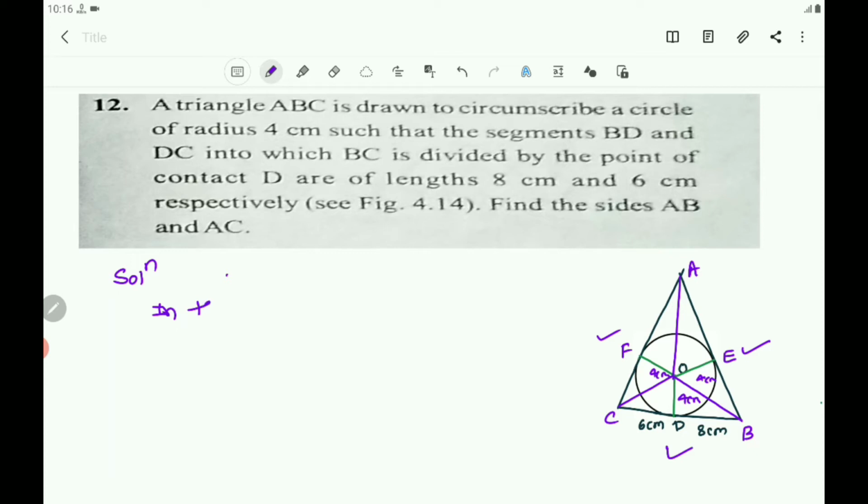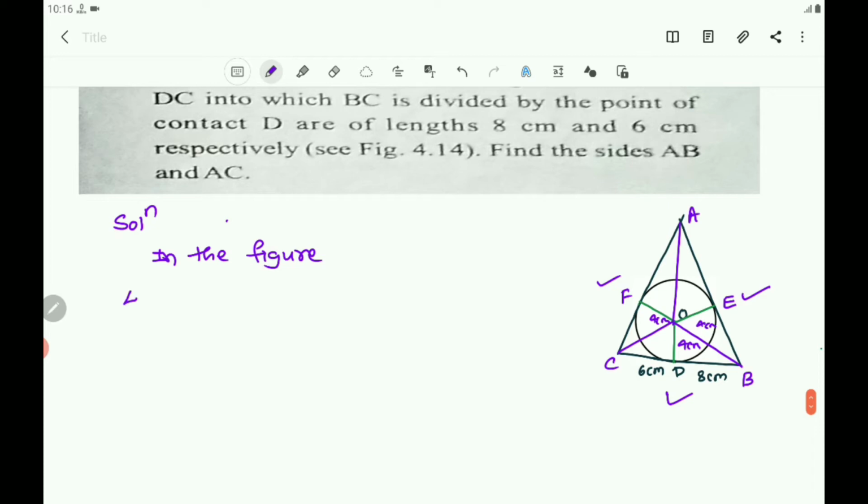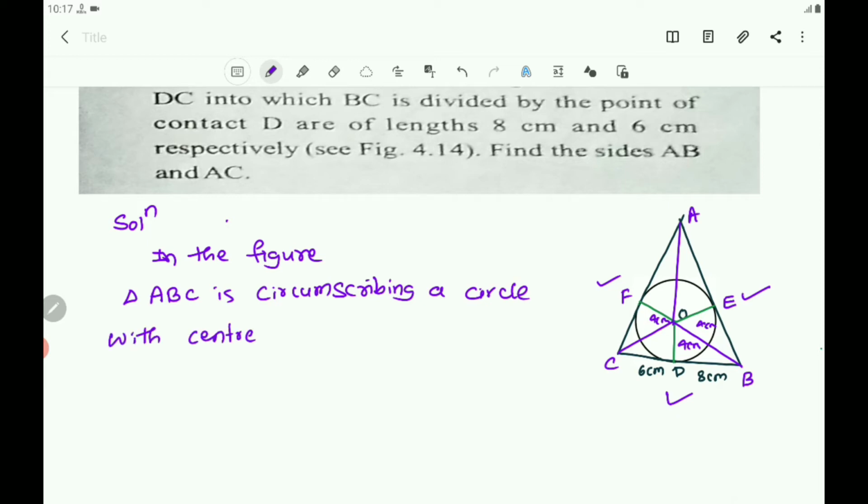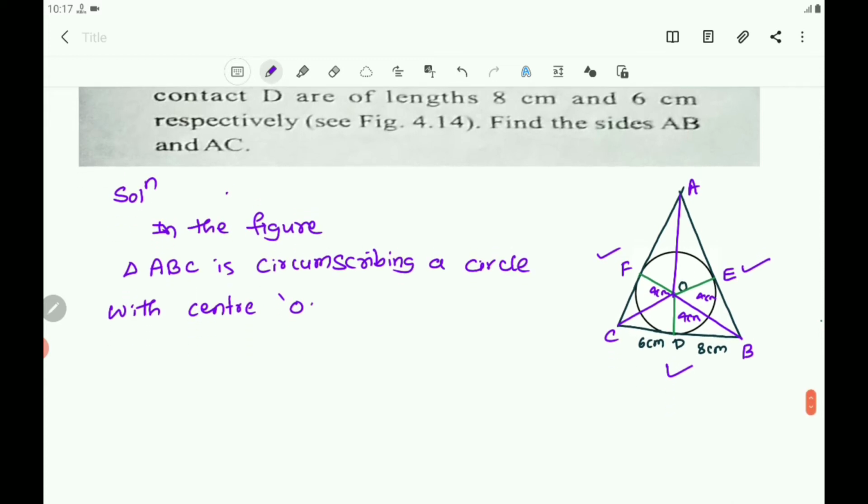In the figure, triangle ABC is circumscribing a circle with center O. AB, BC, CA are the tangents.